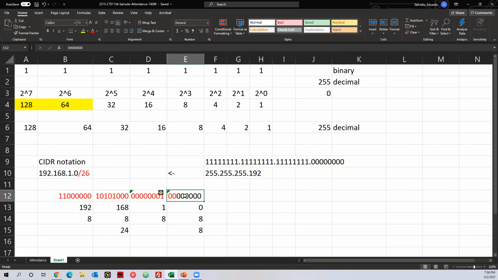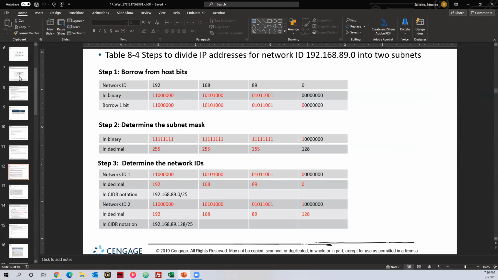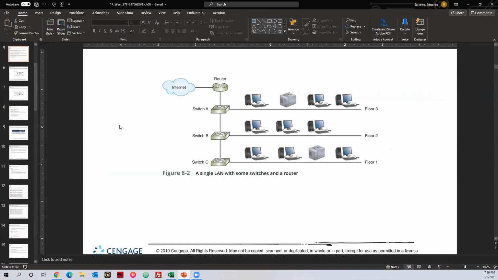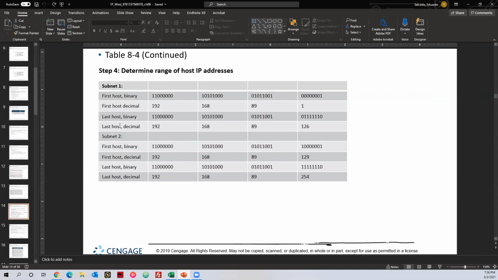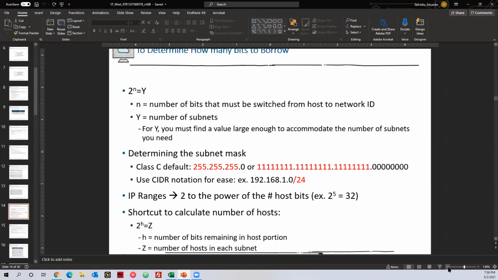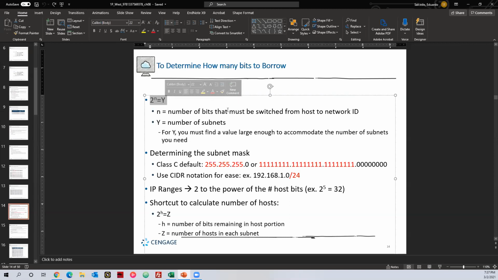How many subnets can I do out of this? Well, 2 to the power of 2. Why 2 to the power of 2? Whenever you're trying to figure out how many bits to borrow to create a certain number of subnets, you use this little equation here, where n is the number of bits that you need to borrow, and y is the number of subnets.